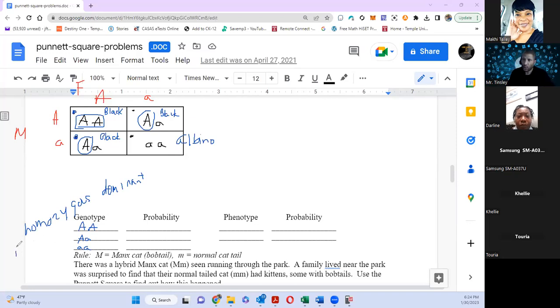This second one will be heterozygous. Why? Because they're different. And then the last one will be homozygous recessive. Why? Because they're both the same. I can't spell recessive. I forgot the C here. So R-E-C. I just totally messed that one up. Homozygous recessive.